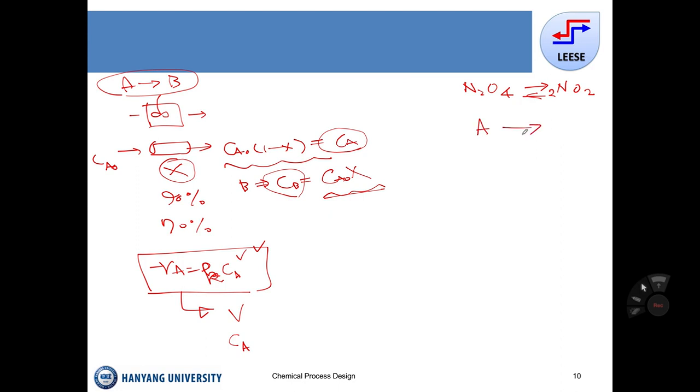So A turns to B. So what is, let's say, the equilibrium of the reaction? So that is typically expressed with a K constant, right? So then that may be expressed with Ca and Cb squared. Okay, so this is another way of expressing the equilibrium reactor. So this is based on the kinetic reactor.